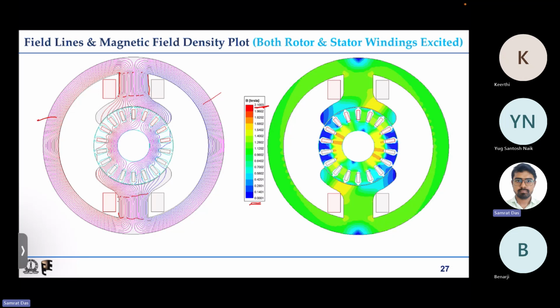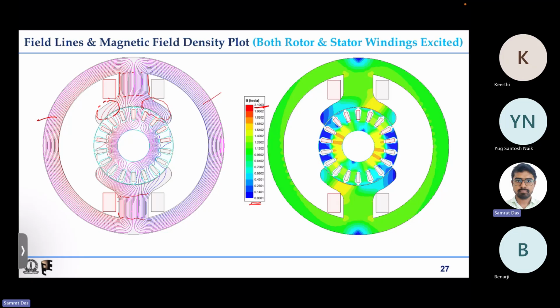It remains reasonably uniformly distributed. But you can see something interesting here: one side of the stator pole shoe, for this case the right hand side, gets more crowded by flux lines, whereas here the number of flux lines is quite low.